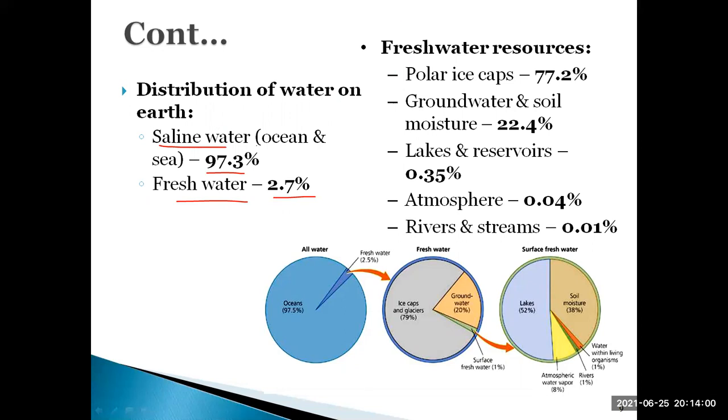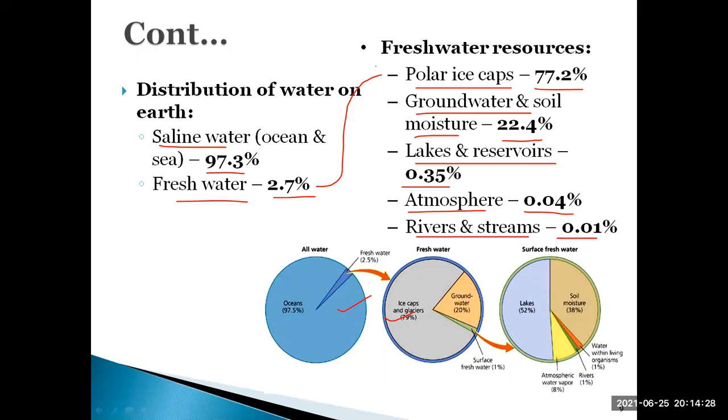Under that, fresh water is again subclassified into polar ice caps, groundwater, soil and soil moisture, lakes and reservoirs, atmosphere, and rivers and streams, as you see in the picture also. Polar ice is around 77%, groundwater around 22%, lakes around 0.35%, atmosphere around 0.04%, and rivers around 0.01%.